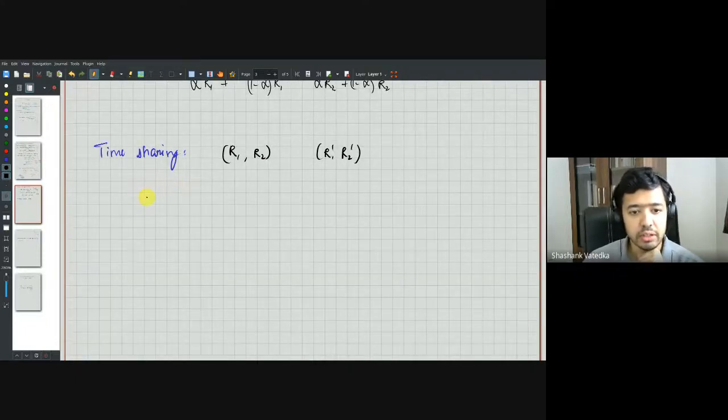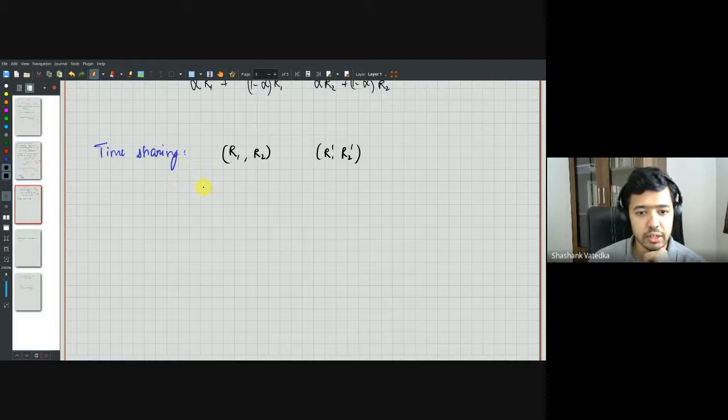What does this mean? This means that there is some subsequence such that for all sufficiently large n, you can transmit kn bits. Transmitter 1 can send kn of 1 bits, transmitter 2 can send kn of 2 bits.